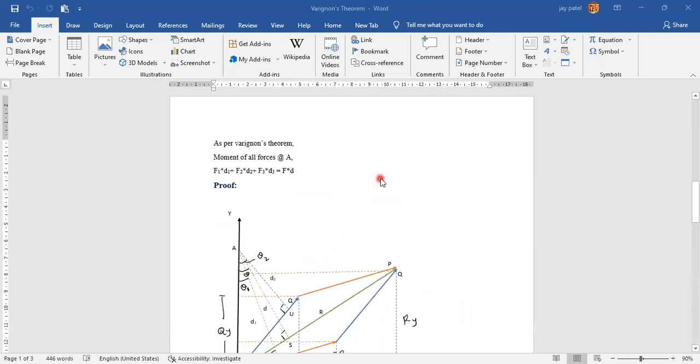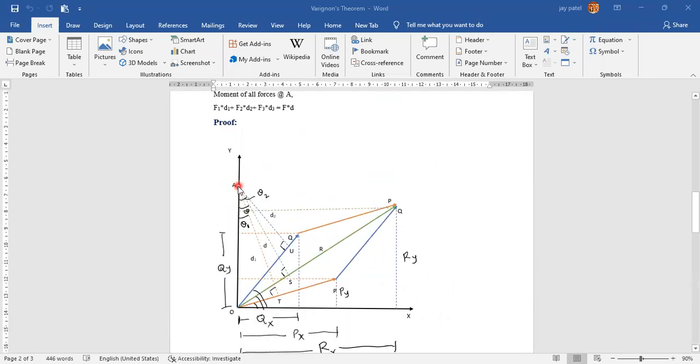Now to prove this theorem, can I say that if I take the moment of P and Q force about point A, that must be equal to the moment of R about A? Everybody with me, yes or no? If I want to prove this theorem, can I derive like this: moment of P and Q force about point A must be equal to moment of R about A. Is this much clear?